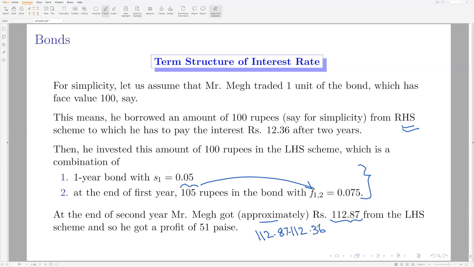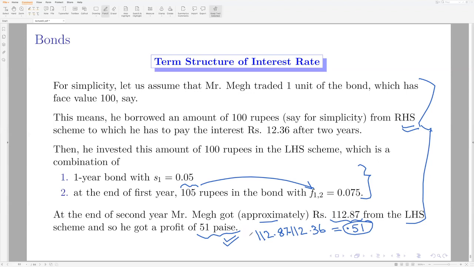What is the difference? The difference is 51 paise. So in this strategy, you can see that in 2 years, he did not spend any money from his pocket. And suppose this bond is a government bond, he has no risk at all. And in 2 years, he got 51 paise in this deal.